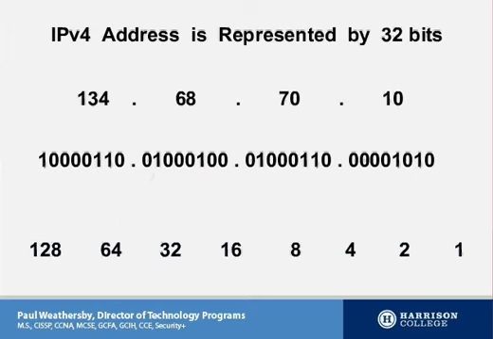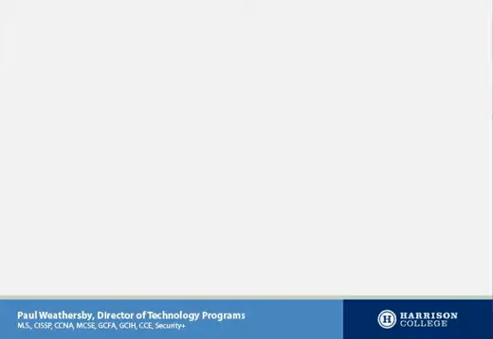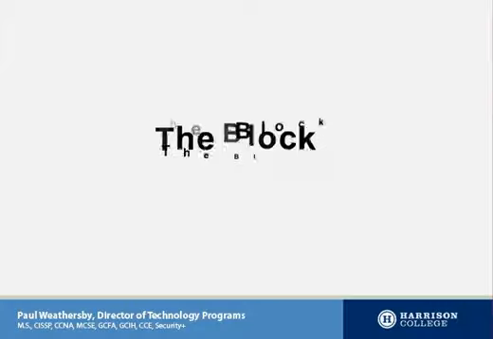The number 70 gets converted by turning on the second, third, and seventh bit. And the number 10 gets converted by turning on the second and fourth bit. So you should be set on your binary reference using the blocks.